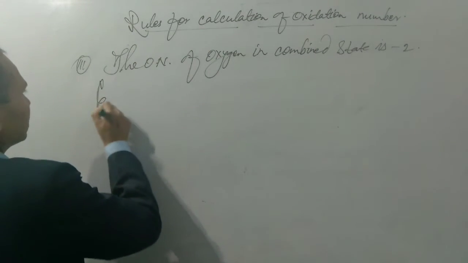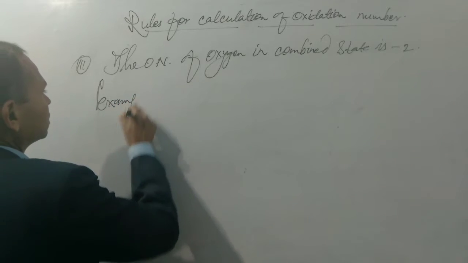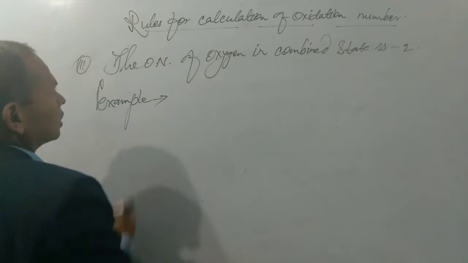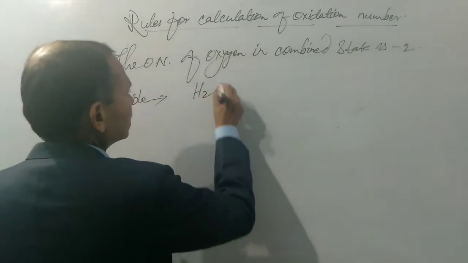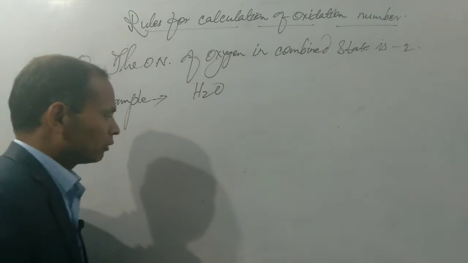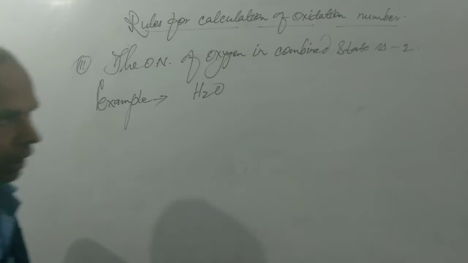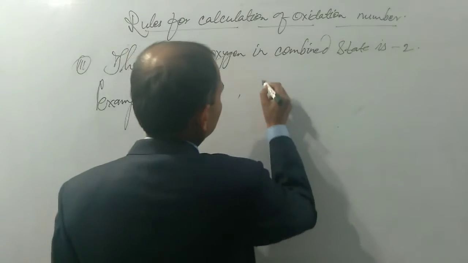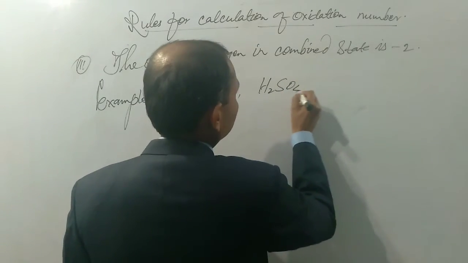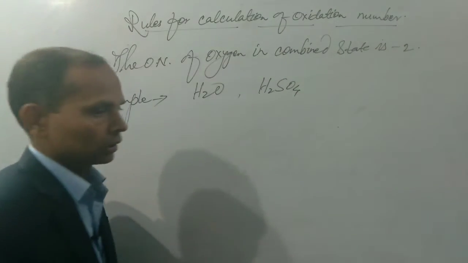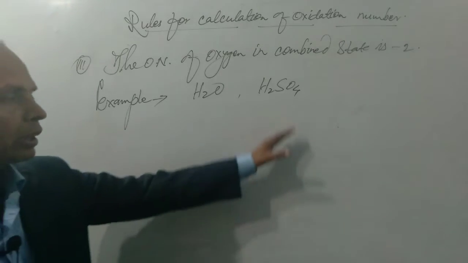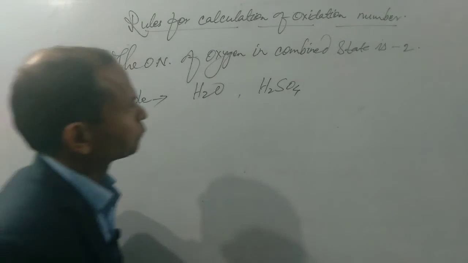As for example, water is a compound in which oxygen is present in the combined form. Similarly, this is the formula of sulfuric acid called hydrogen sulfate. In this compound, oxygen is present in the combined state.